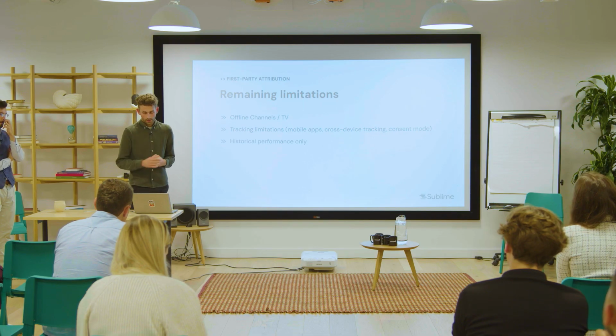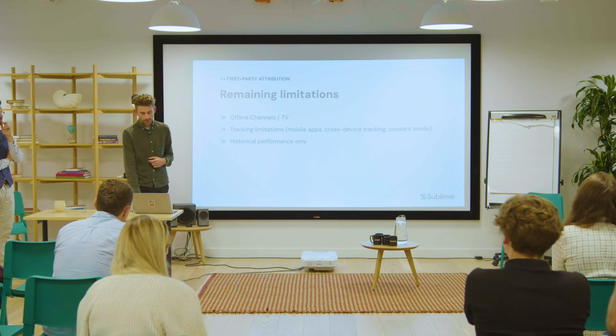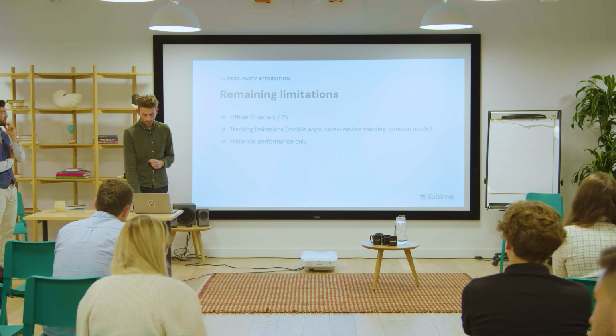Consent mode is distorting the data, so this is still an issue. And finally, we are still looking at the historical performance of our channels, and this doesn't have to translate into the future. So this is not giving us perfect and easy recommendations on what to do.